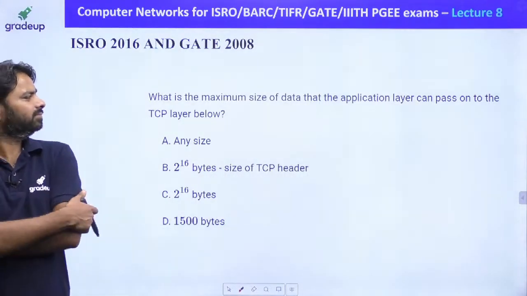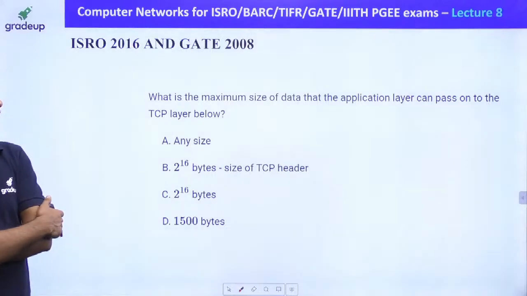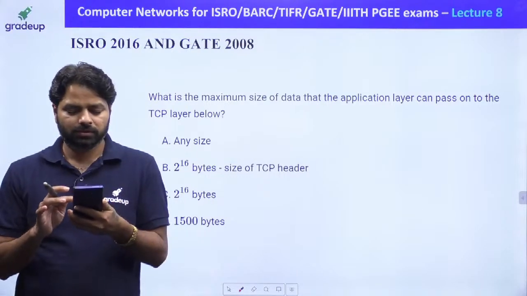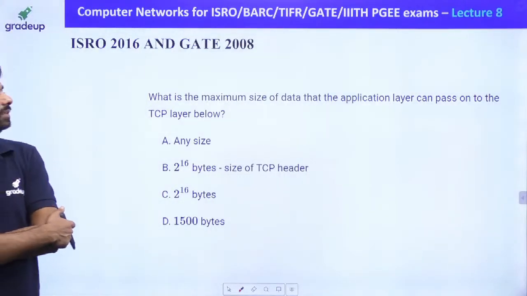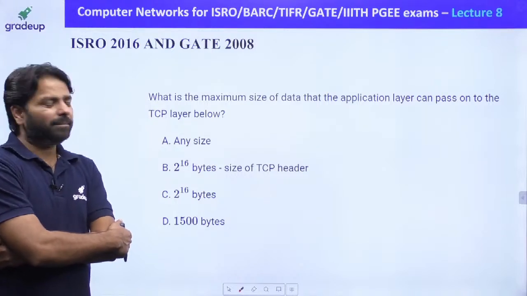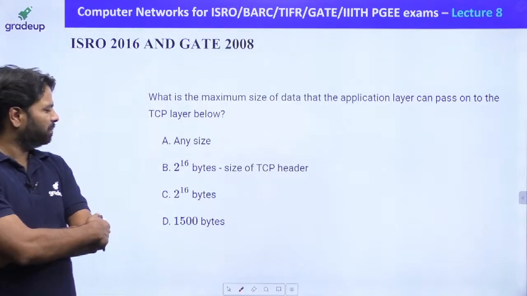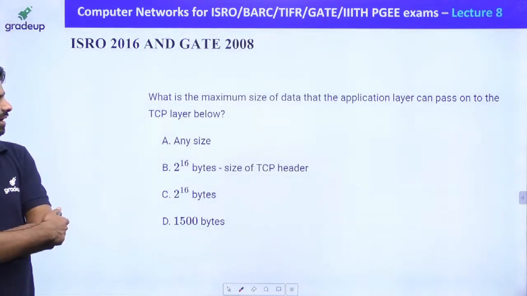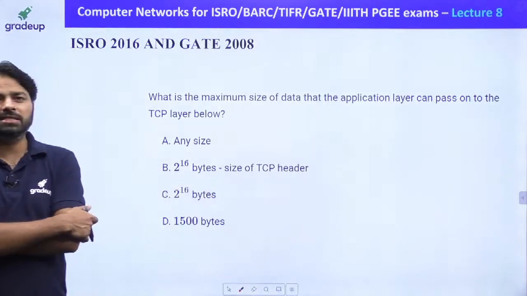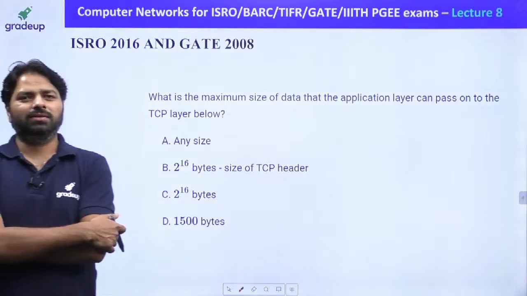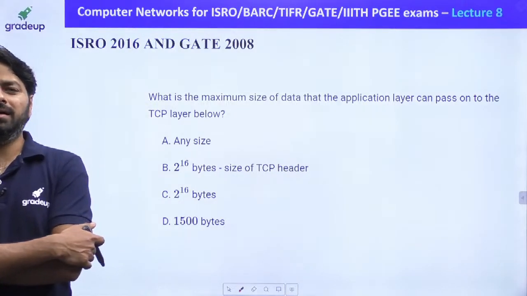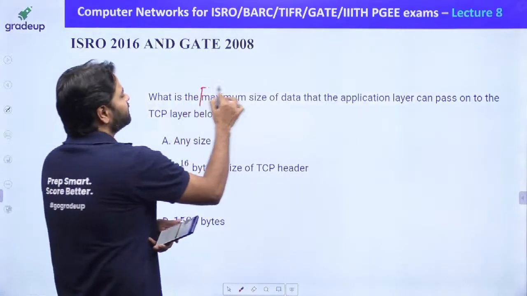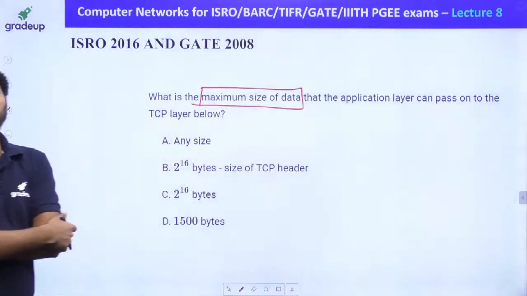Is there any limitation for the application layer? 2 power 16, or 2 power 16 bytes minus size of the TCP header, or any size. Yeah, good. There is no restriction. What is the maximum size of the data that the application layer passes?